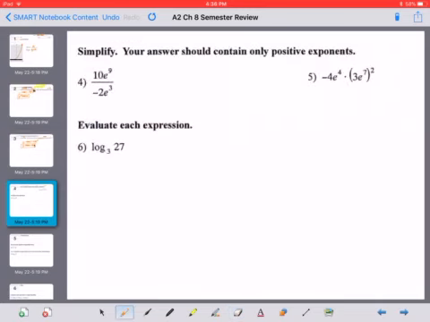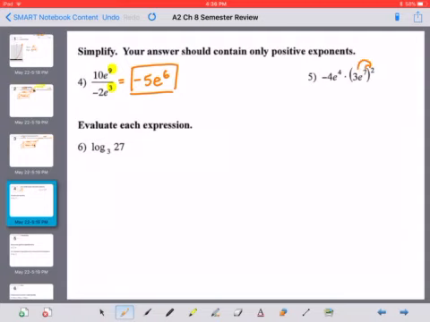All right, moving right along here, we're going to simplify some expressions with e. In number 4, let's go ahead and divide 10 by -2, giving us -5. And then with the exponents, remember we can subtract those. So we get e to the power of 6. And that is it. So there's a few more steps in number 5.